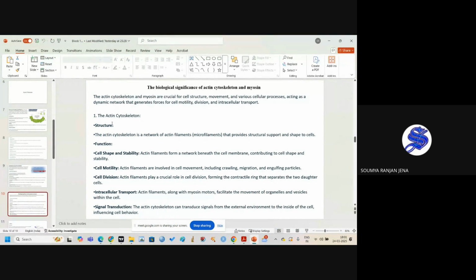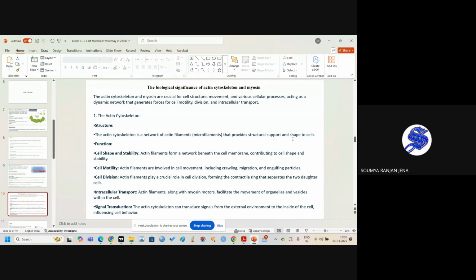If you go to the actin cytoskeleton and its biological significance, the actin cytoskeleton is a network of actin filaments. We have described this actin filament; this is called a microfilament that provides structural support. Basically, this cytoskeleton provides structural support, shape, and mechanical strength to the cells.